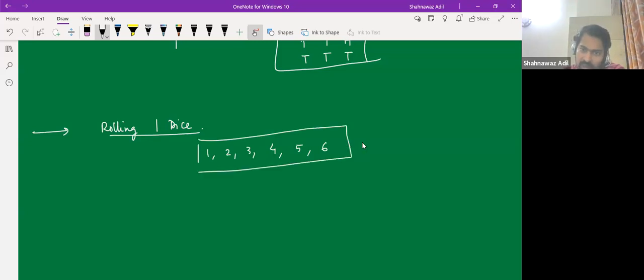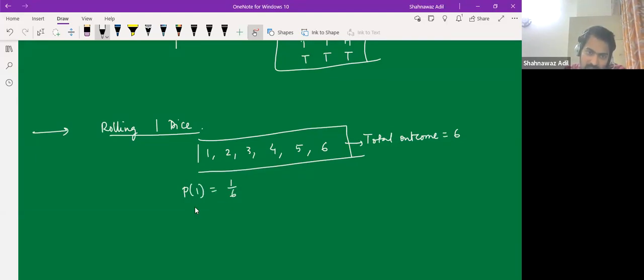The total outcome is 6, and the probability of getting 1 is 1 by 6. Probability of getting 2 is 1 by 6, getting 3 is 1 by 6, similarly 6 is 1 by 6.